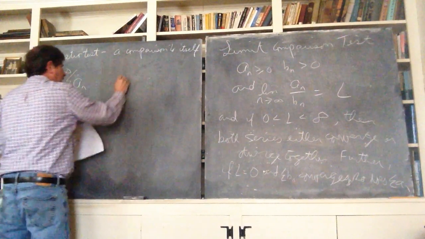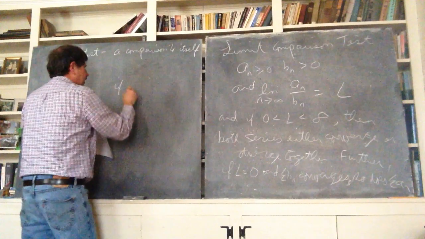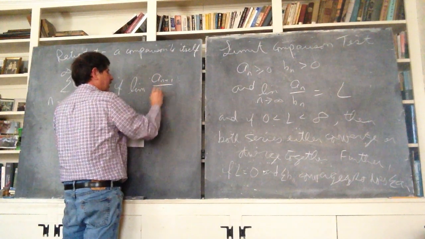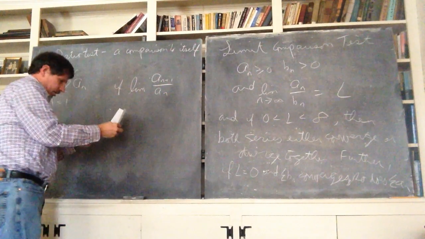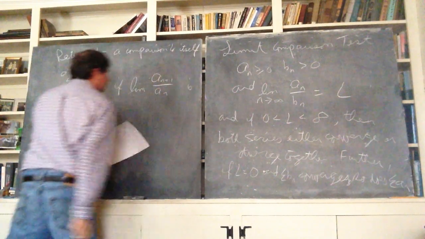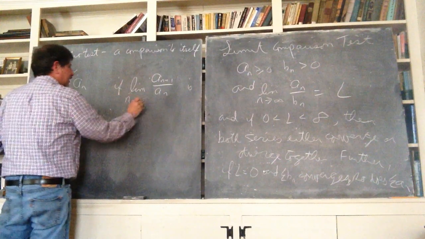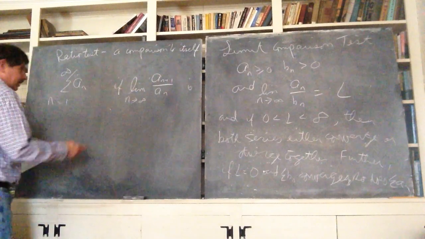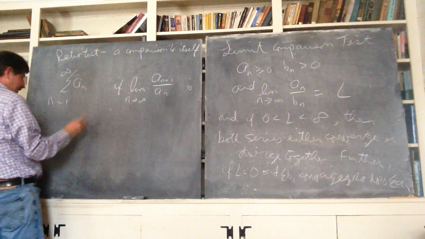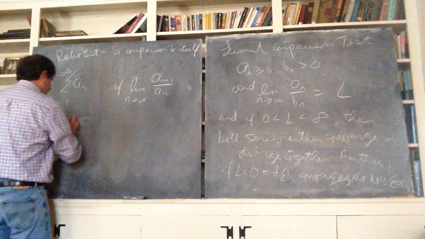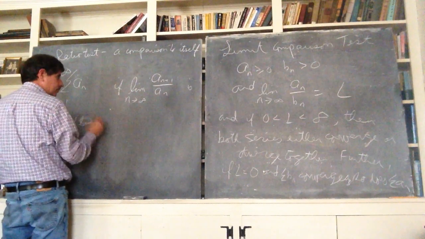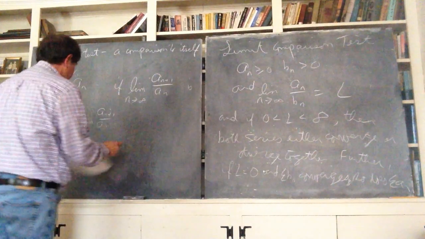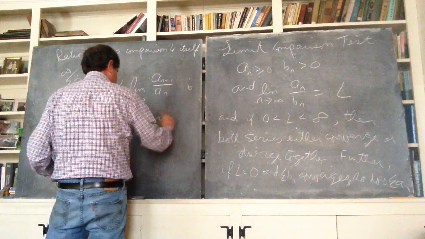If the limit as n goes to infinity of a sub n plus 1 over a sub n, taking the n plus first term and dividing by the nth one, is less than 1, the series converges.